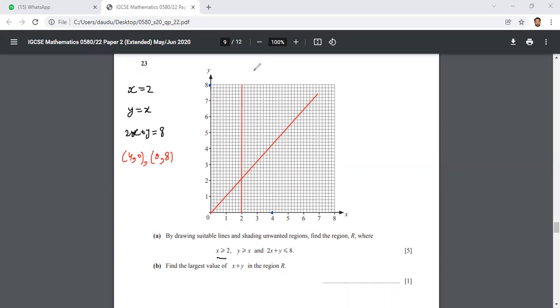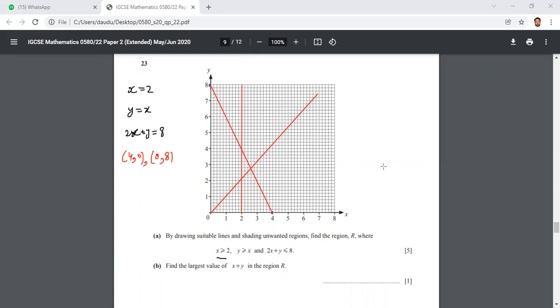So you draw one line. We can connect 8 with 4. Yes. I hope we get it.